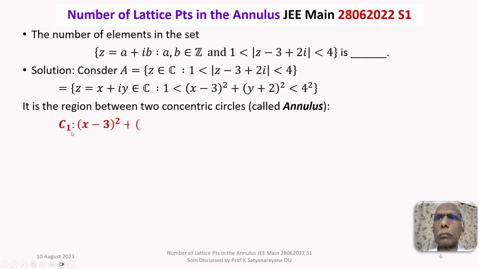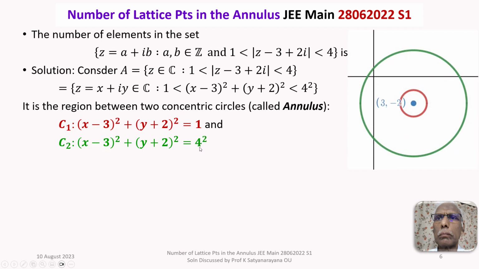The first circle is C1, (x - 3)² + (y + 2)² = 1, the smaller circle with center (3, -2) and radius 1. The second circle is a bigger circle with the same center and radius 4. It is shown in the picture: outside the red circle and inside the green circle is the annulus, the region between the two concentric circles.